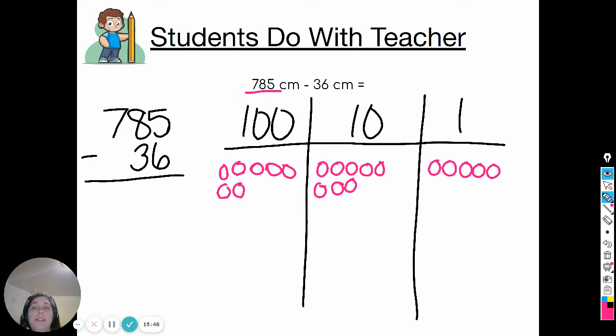Okay, so you should have 7 hundreds, 8 tens, 5 ones. Should look just like mine does now.